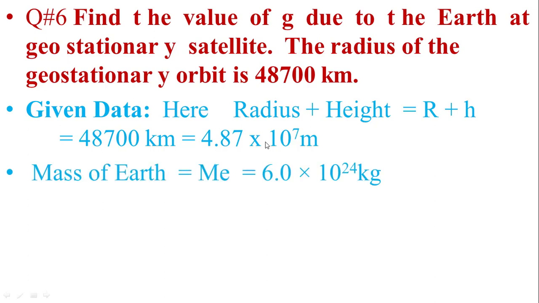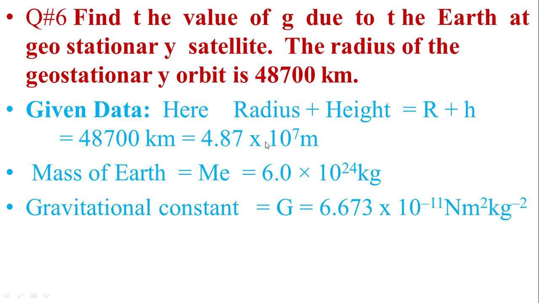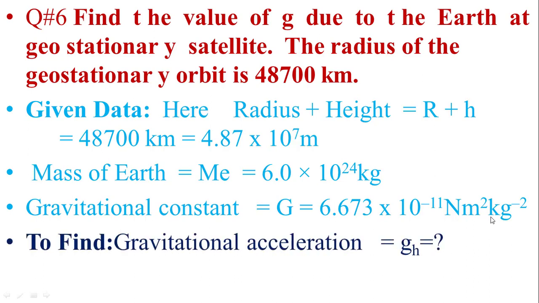The value of mass of Earth Me is equal to 6 multiplied by 10 raised to power 24 kg. And the gravitational constant, the value of capital G is equal to 6.673 multiplied by 10 raised to power minus 11 Newton meter square per kg square.